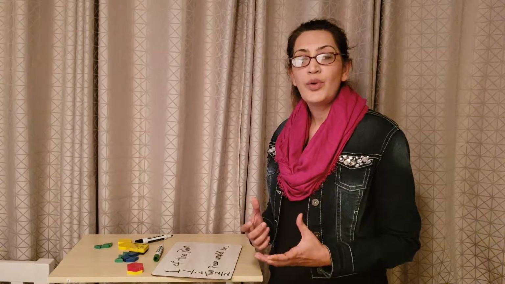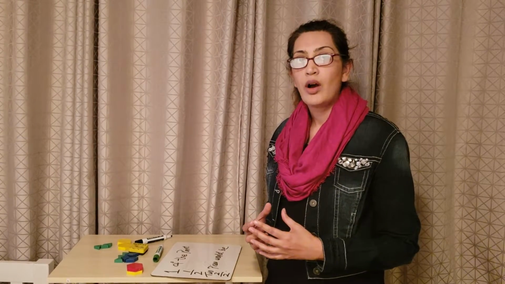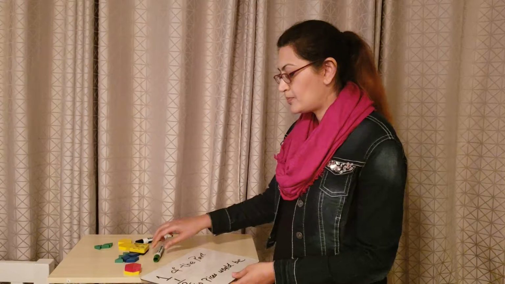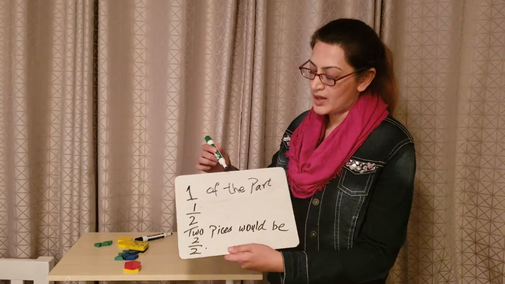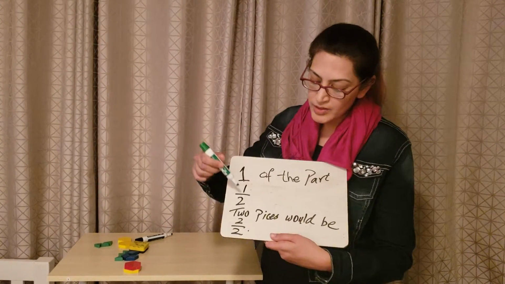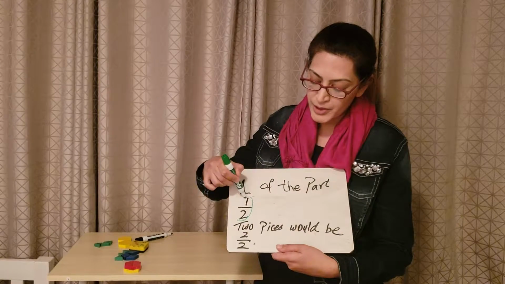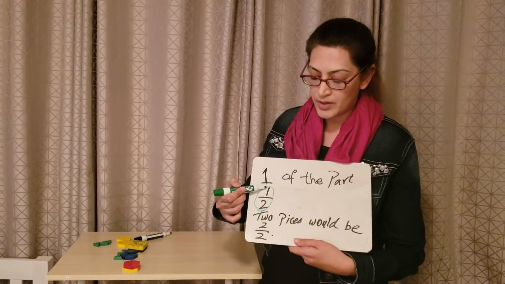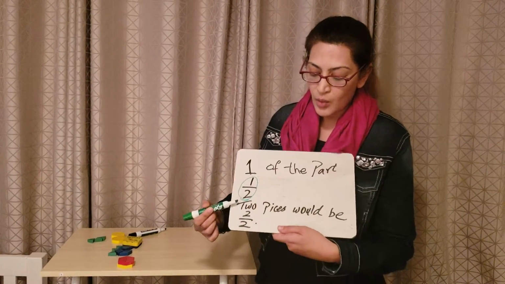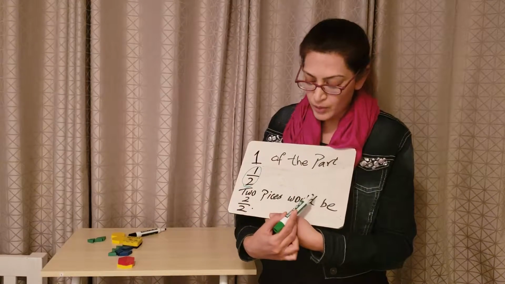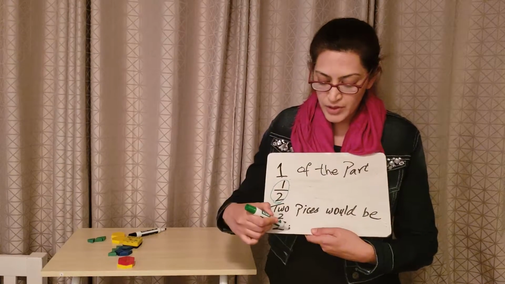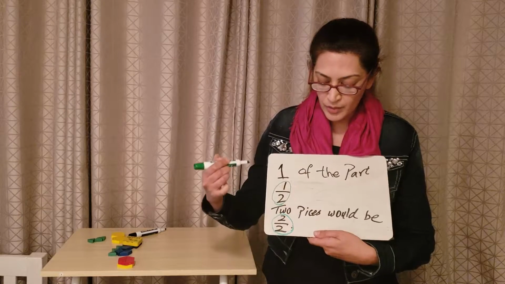Then if we write one part of the hexagon, that will be 1/2, right? If we write the 2 pieces of the whole, that would be 2/2, right?